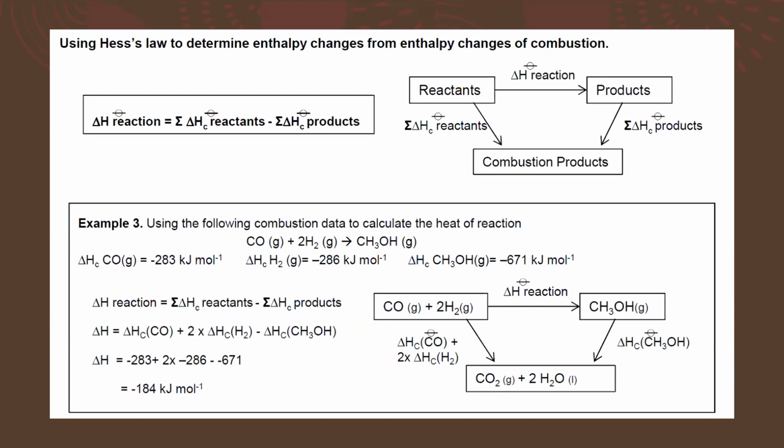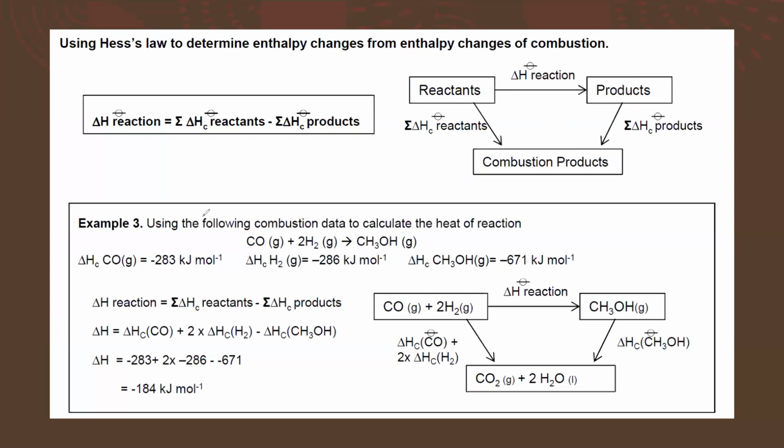So if combustion is given, what you should do is add a combustion product, like a burning product, for the reactant, and a burning product, a combustion product, for the product. So in the same way we will solve here. The start of the cycle will be the reactant and the end of the cycle will be the combustion product. So by route 1 or route 2, the overall energy change will be the same.